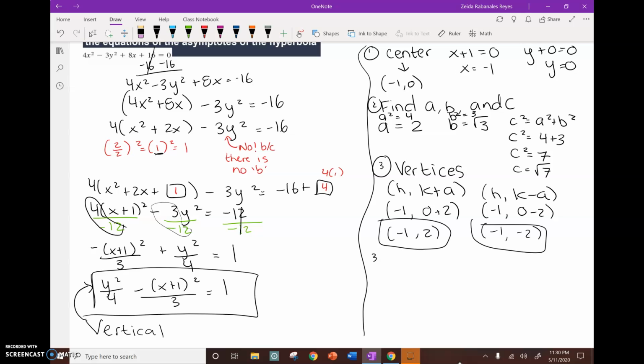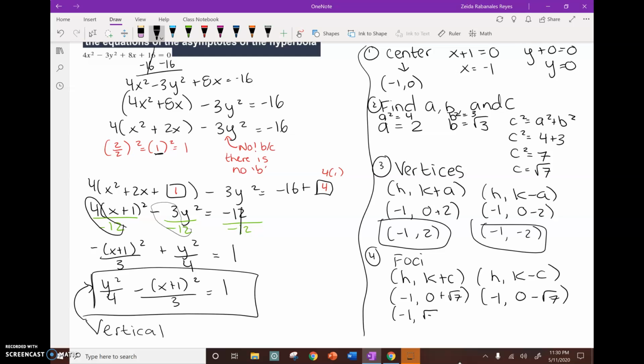I go to my foci points. My foci points are also, I am adding the value of c to my y coordinate. So then I have -1 comma 0 plus square root of 7, -1 comma 0 minus square root of 7.